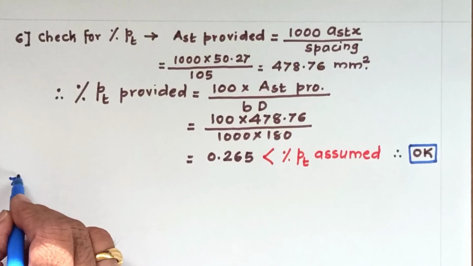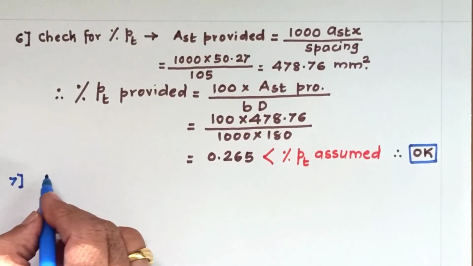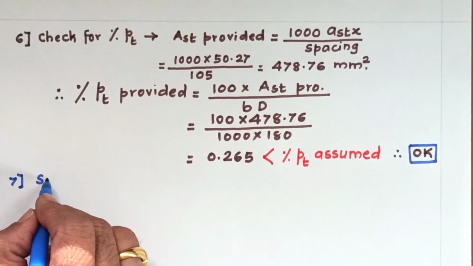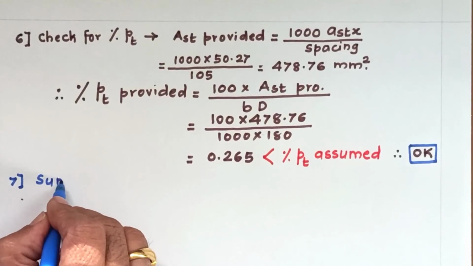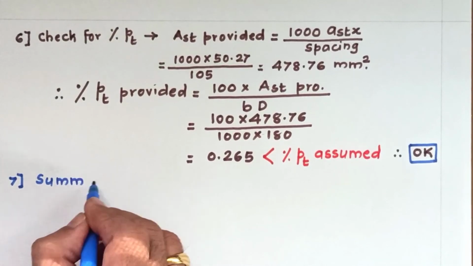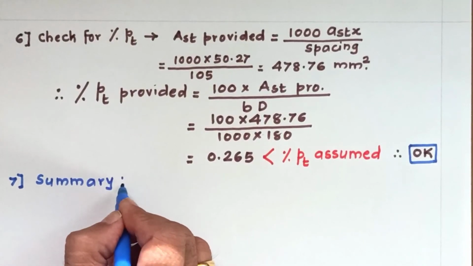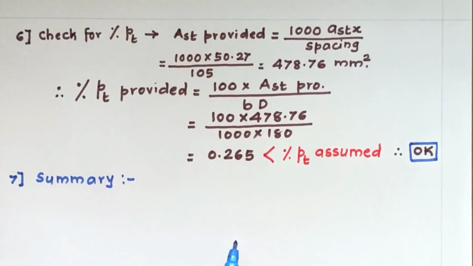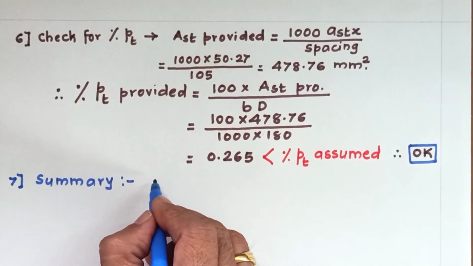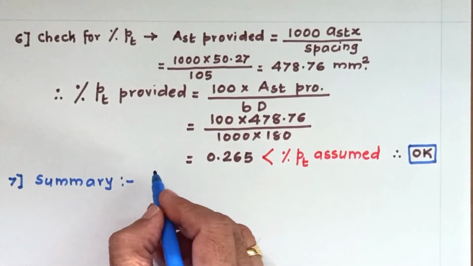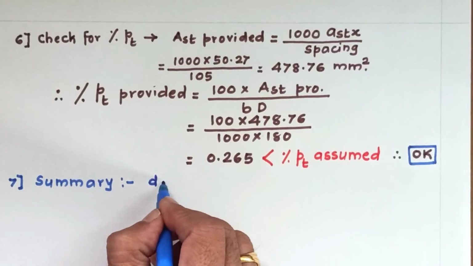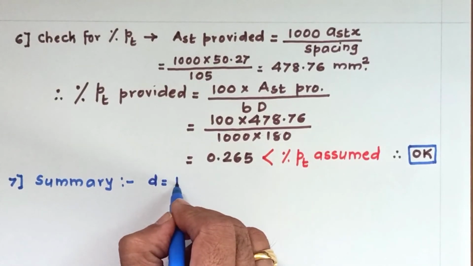So the seventh one is the summary. First, what is the effective depth? Effective depth is 160 mm.